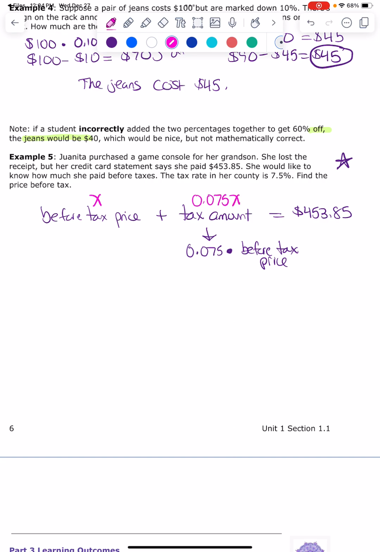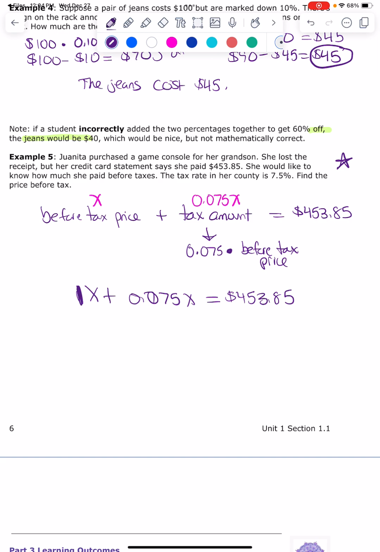So putting that together, it's X plus 0.075X equals $453.85. When you combine these, this is why I mentioned it in that video, this is a 1 here.